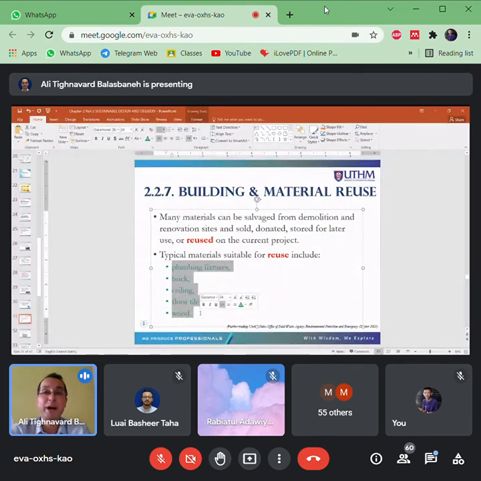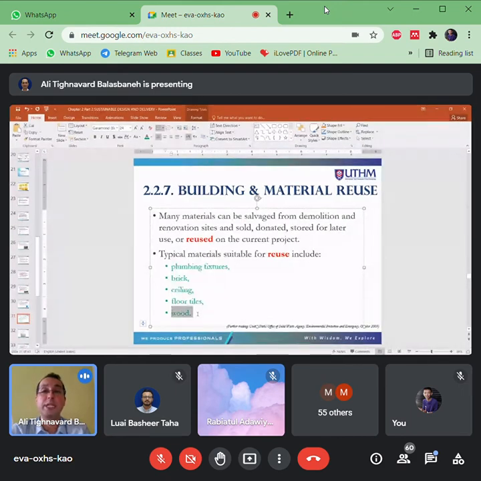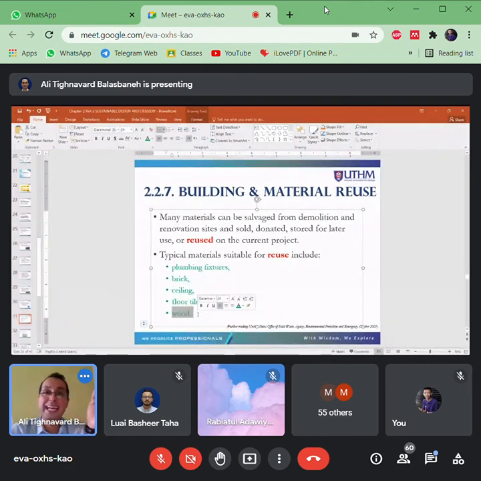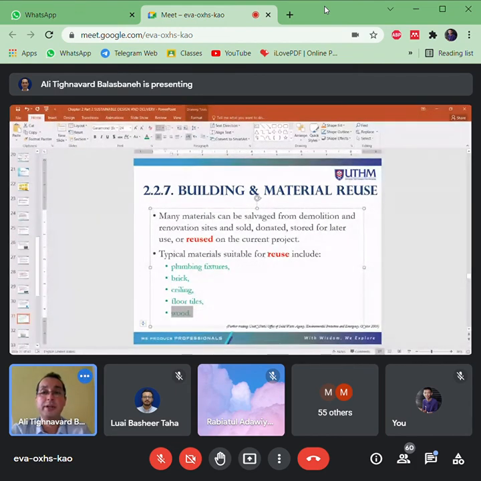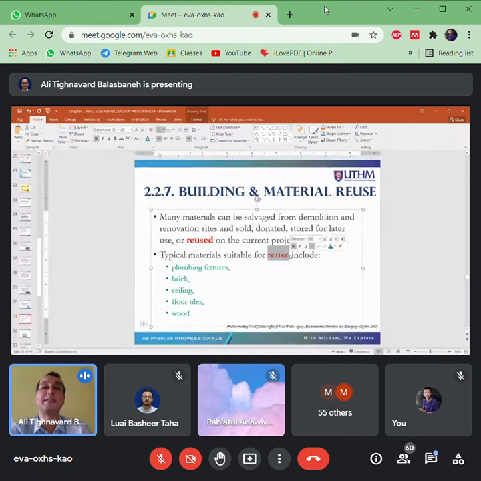At the same time, they might have other possibilities. For example, wood can be incinerated, but at the same time can be reused, maybe in a different application. Okay, last time the wood in one building was used as wall, as floor material in a multi-story building, like a two-story building.